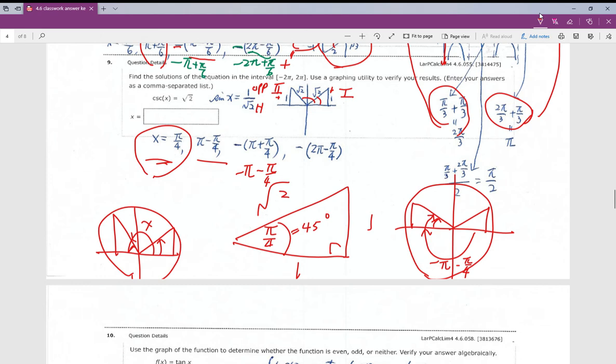This angle here is negative. You want to go to negative 2 pi. Go this direction. But when you go to negative 2 pi, you go too far, right?